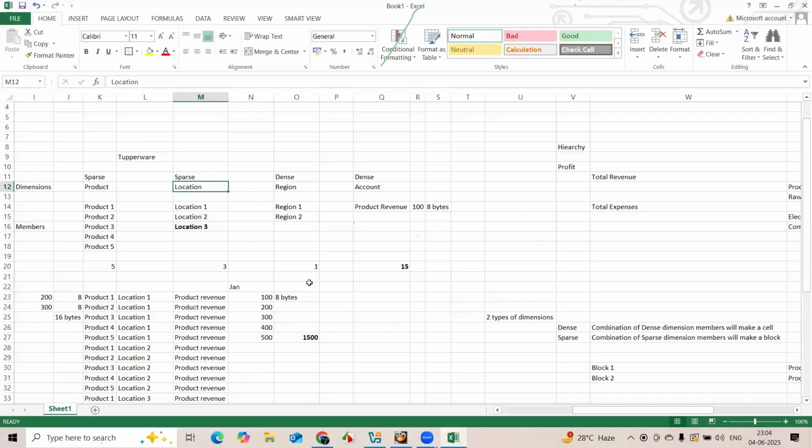So there are two thumb rules. One is data should be maximum, and the levels should be higher compared to the other dimensions, then you can tag that dimension as dense. Else, you can tag that dimension as a sparse dimension.